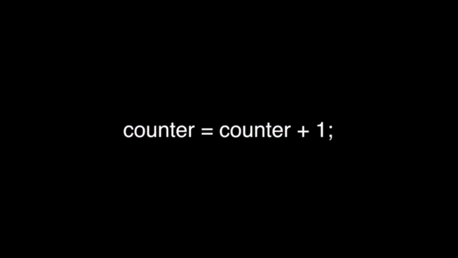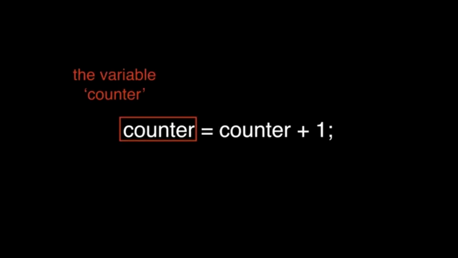So the result is this isn't changing counter. It's just taking the value in counter, which is initially 0, adding 1 to it, and putting that value into my new variable, newCounter. So that is creating a new variable with a value that is based on counter. But I don't even have to stop there. I can actually use the value of my variable counter and use that to change the value of counter.